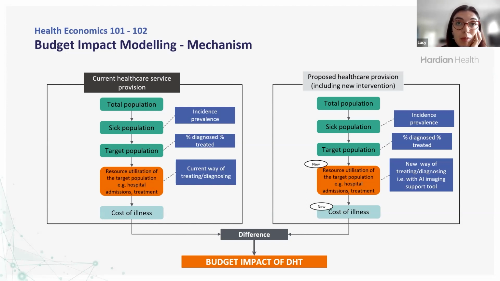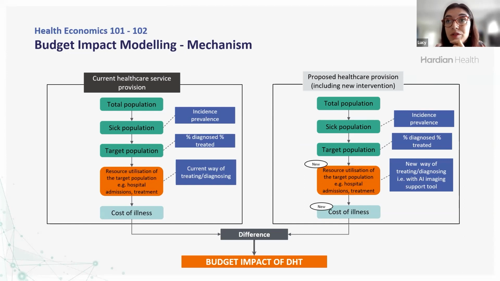And once you have that target population, you need to figure out exactly what resource use this target population are absorbing, how they are treated, how they're being diagnosed, in terms of hospital admissions, appointments, treatments. And once you understand this resource utilization, you can then put a cost to these individual resources and derive the cost of illness.